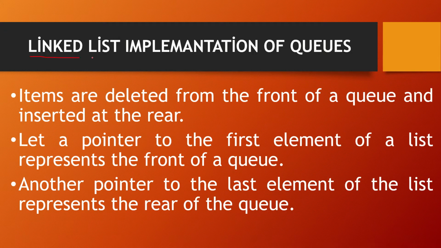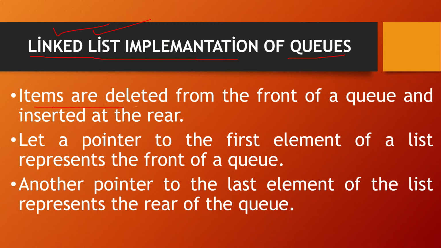Now, how we can implement queues using linked list. We have already seen how to implement queue using arrays. Now in these slides we will see how the queues can be implemented using linked list.